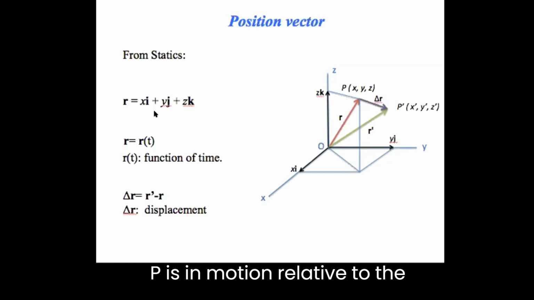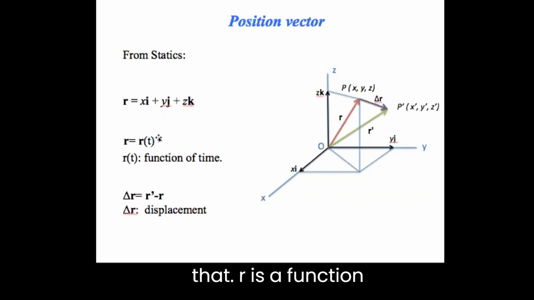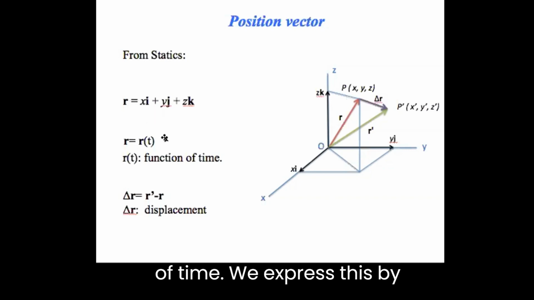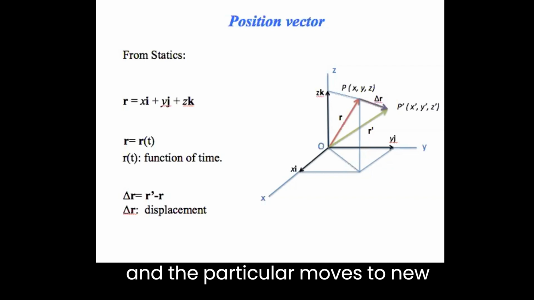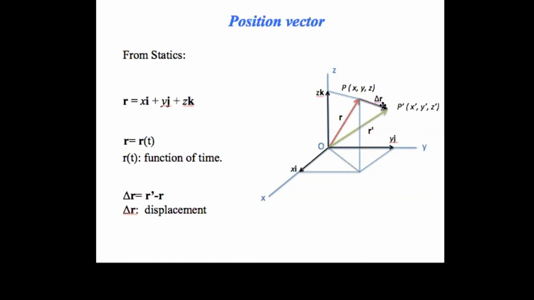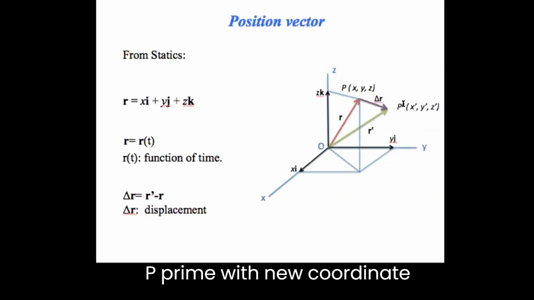Suppose that P is in motion relative to the chosen reference frame, so that r is a function of time. We express this by the notation r equals r(t). Consider that after some time the particle moves to a new location, P prime, with new coordinates x prime, y prime, and z prime, and a position represented by a new vector r prime.